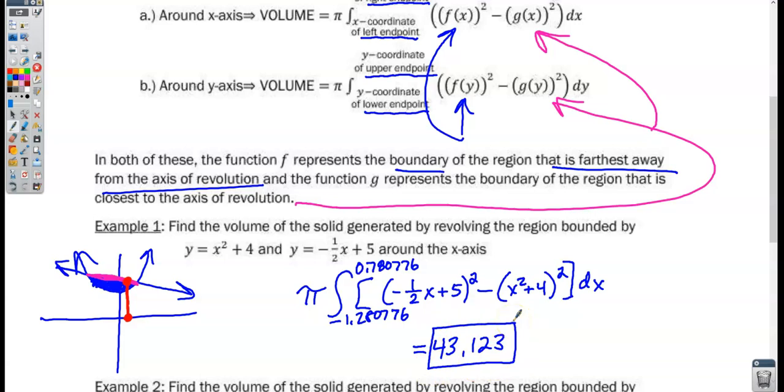Something you want to notice here, a common student error that I've seen over the years: notice that we've got one quantity squared and another quantity squared. Because this is the outer radius squared and the inner radius squared, a common student error I've seen over the years has been to take the difference of these two functions and then square the result. That's something you want to avoid doing. That's something we see a lot of times when we're doing cross-sectional solids.